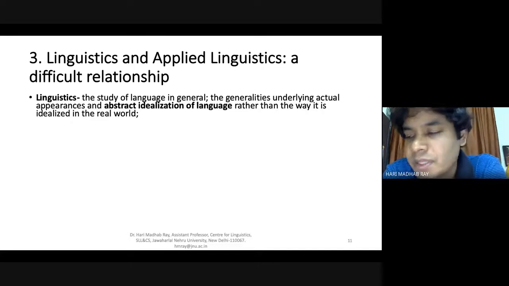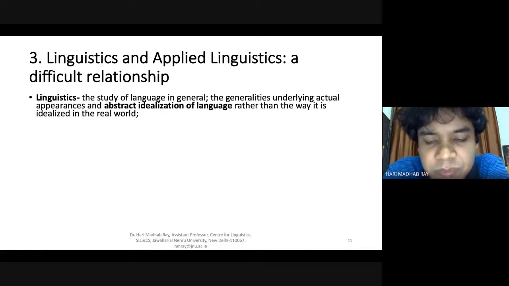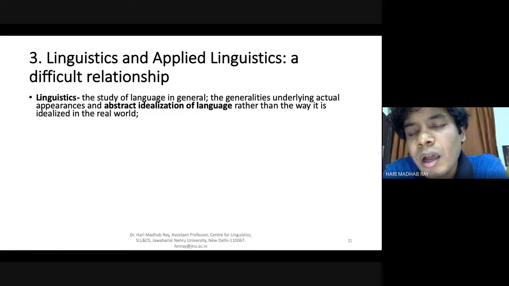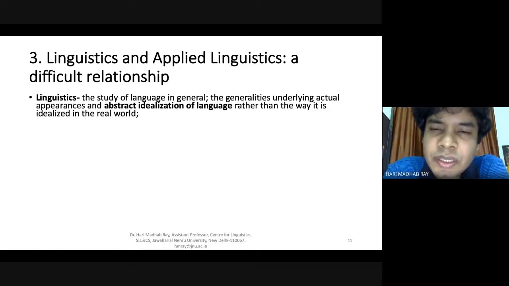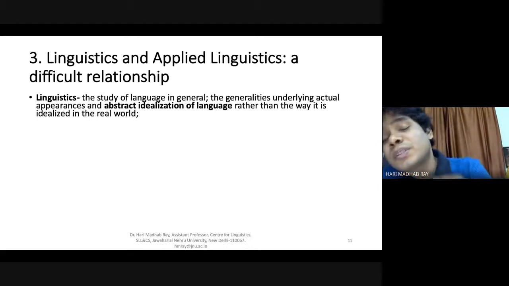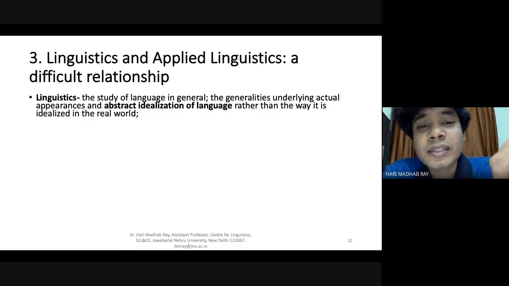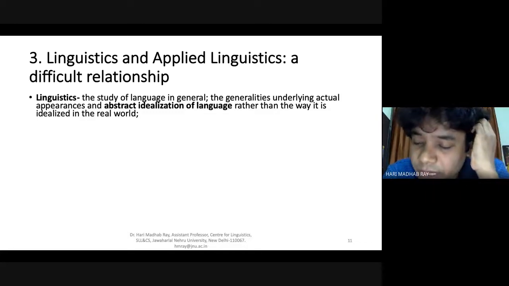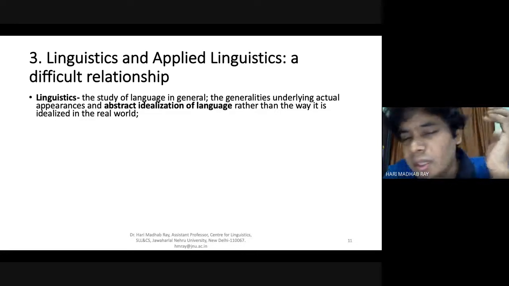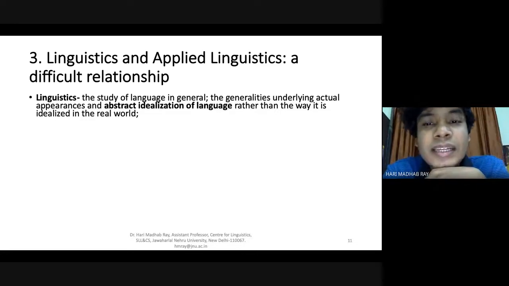If you're aware of the history of linguistics, other aspects of language use were totally ignored by the generative tradition. Their concern was more like a total abstract realization of language. If you look at these generative models, the Chomskyan transformational generative models, it's a whole abstract idealization of language.